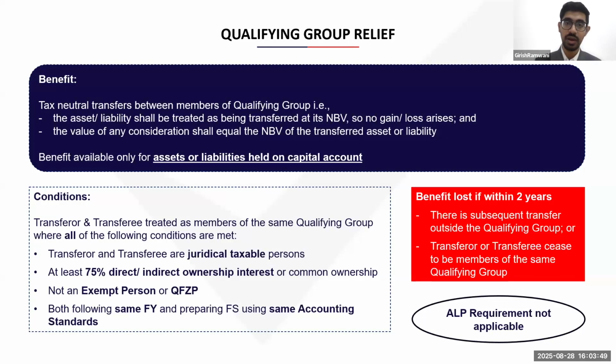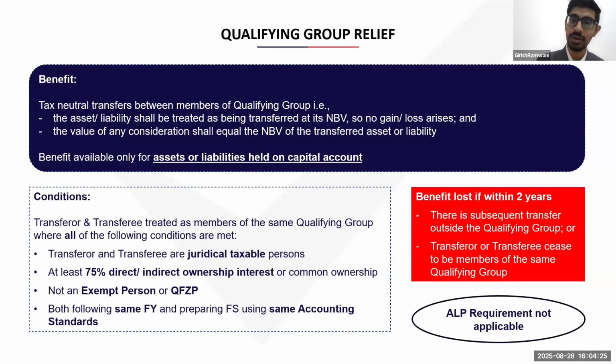Basically, just to give you an understanding, qualifying group relief means if you are a member of a qualifying group and you transfer any of your assets or liabilities to another member of a qualifying group, then the transfer of such asset or liability is considered to be made at net book value only, and no gain or loss will be recognized, or taxed for corporate tax purposes. It is going to be ignored.